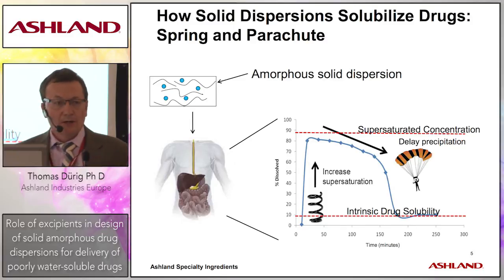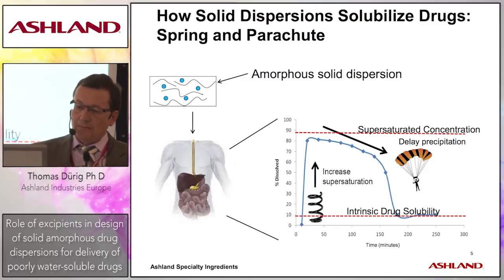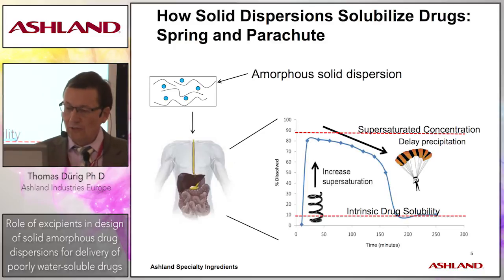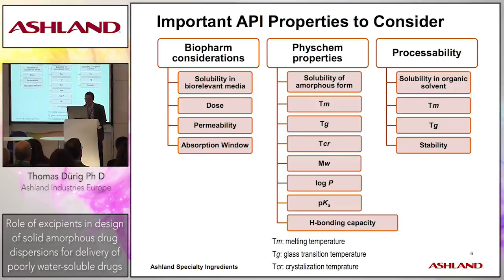So typically, a well-designed amorphous dispersion would ensure that you're somewhere at about 80% of the maximum concentration that you were able to achieve for up to 2 hours. And in so doing, we can really ensure improved bioavailability.